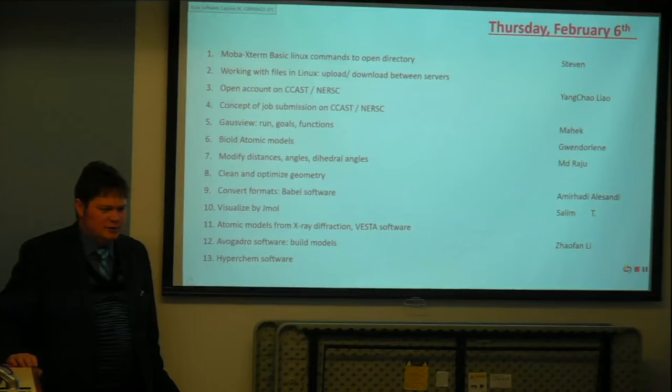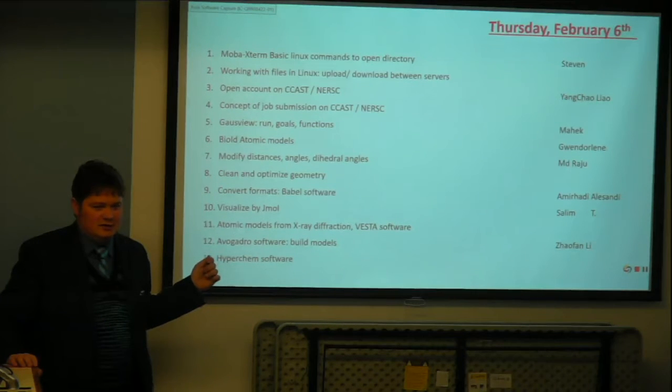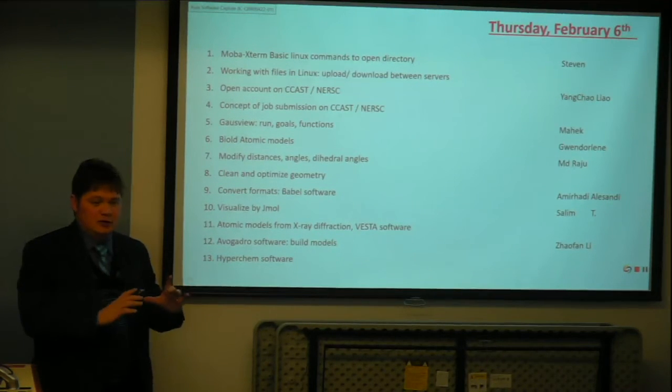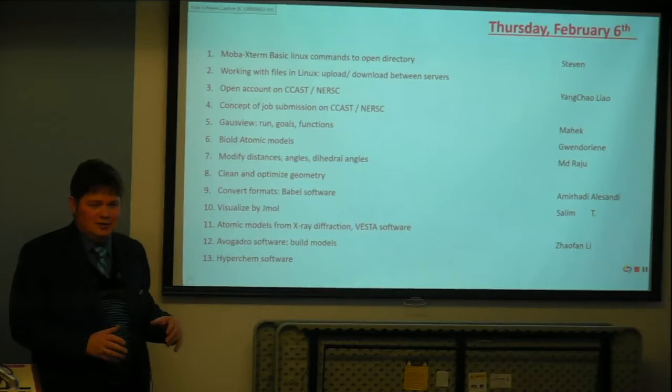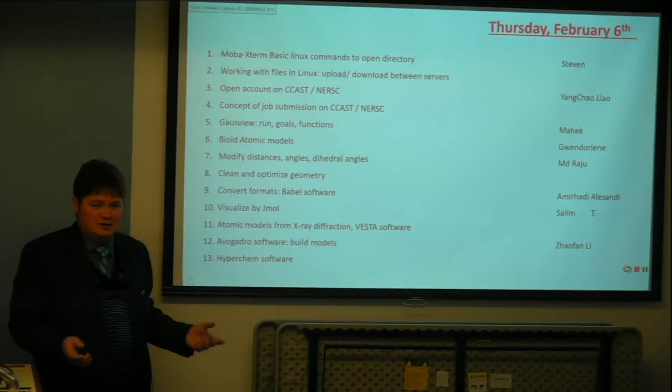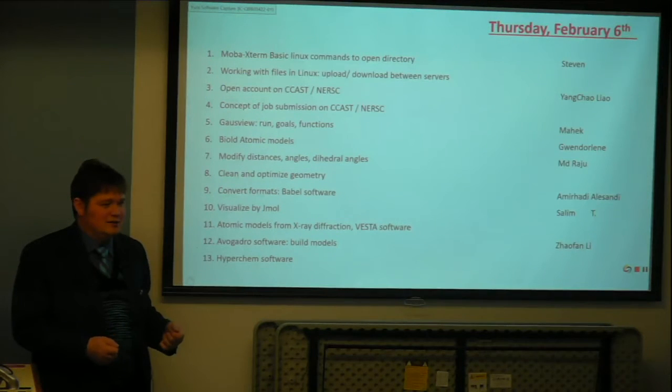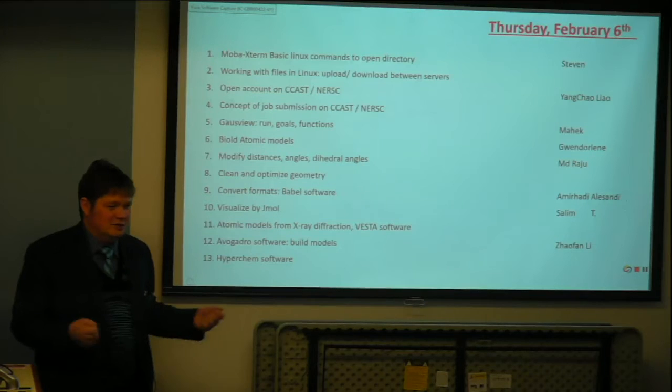It will be sharing your personal experience, sharing your success or failures in operating specific software, in trying this exact concept, like show screenshots. I typed this command and I got an error. Do not do this again. Things like that. So your personal experience. Because going online or reading manuals is something all of us can do, but your personal experience is a very precious thing that you can share.